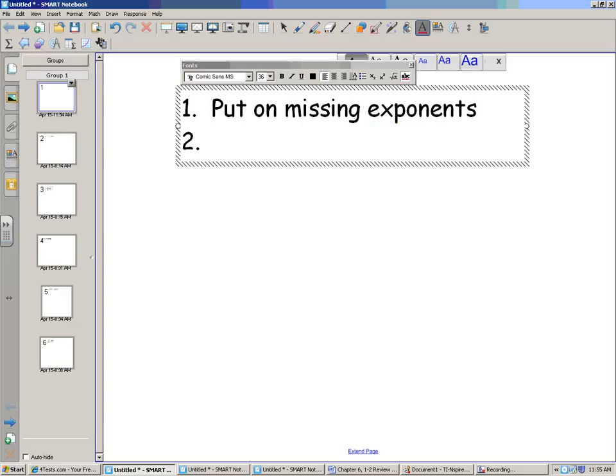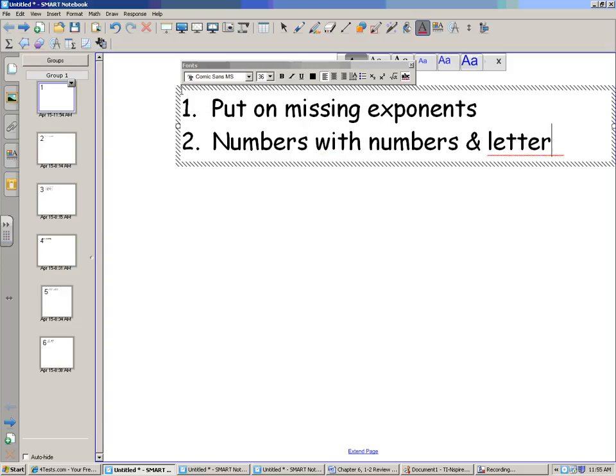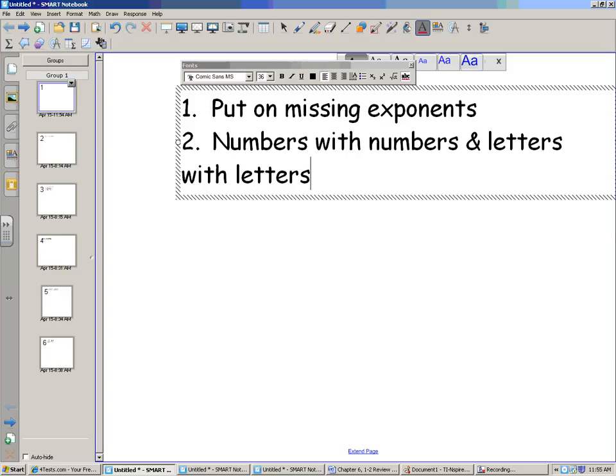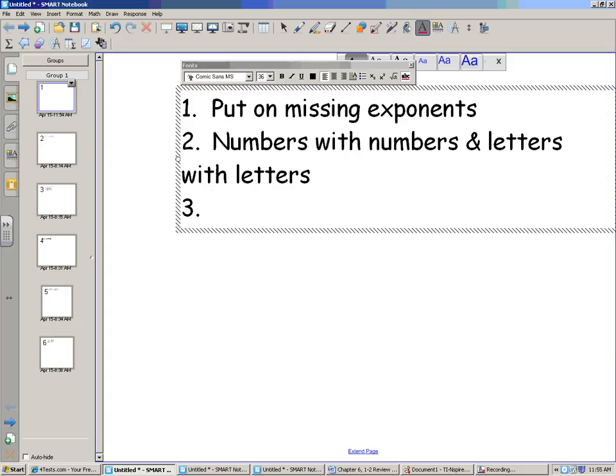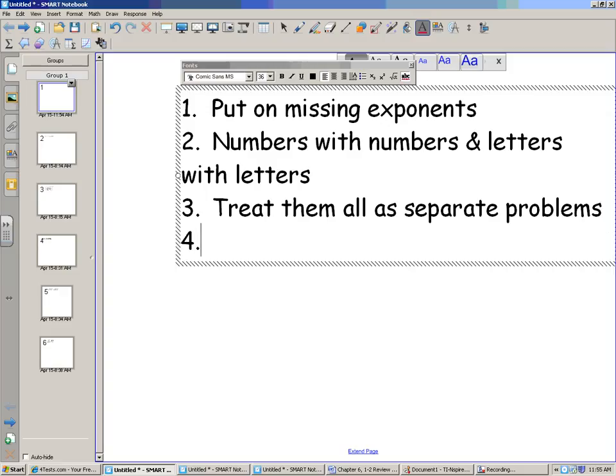Step 2: numbers with numbers and letters with letters. Step 3: treat them all as separate problems. Keep this in mind. Know when to add, subtract, and multiply exponents.